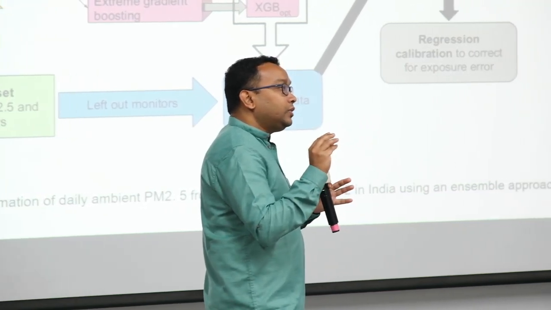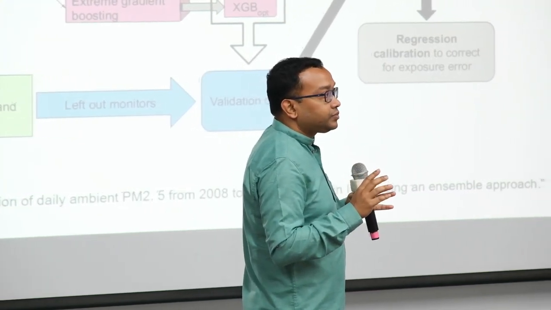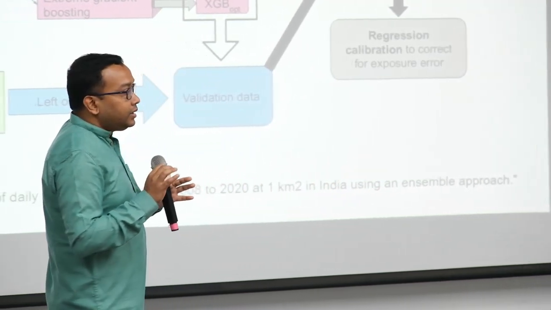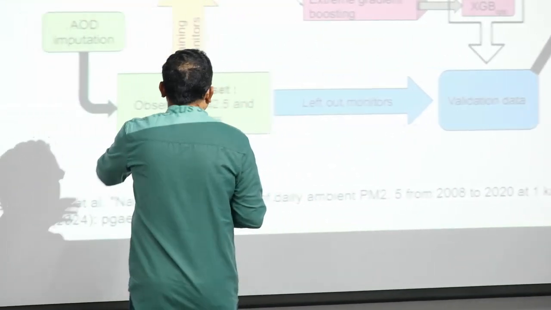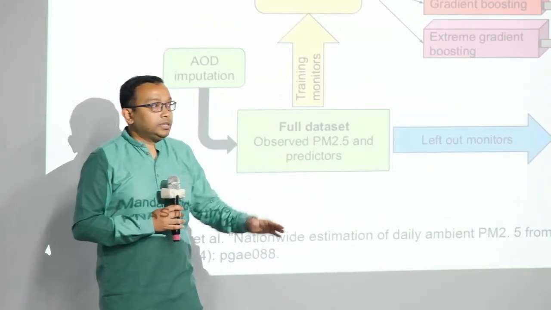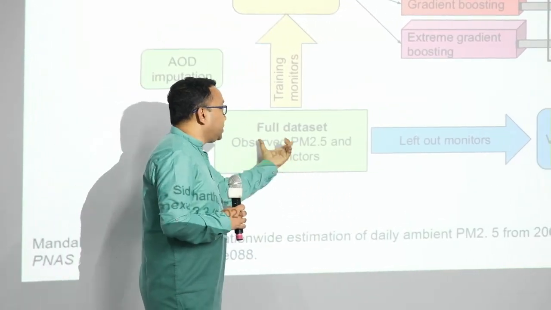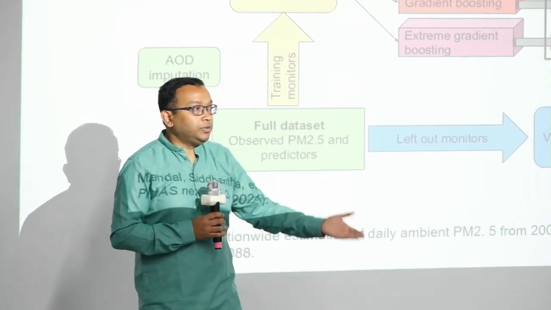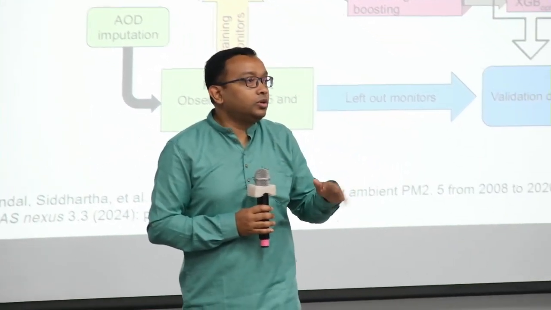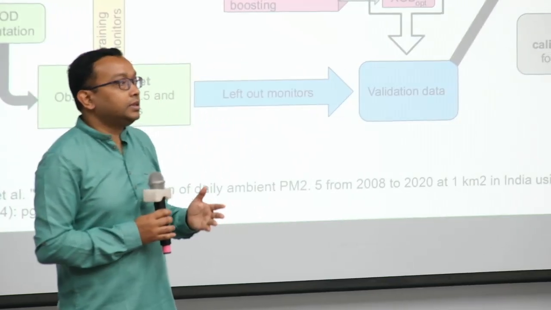Out of them, only 1000 grid cells have data, because that's where the monitoring stations are. So this full data set is basically that, observed PM2.5 and predictors. The rest of it, you have the predictors, but you don't have PM2.5, and that is why we are doing the model, to predict PM2.5 at places where you don't have PM2.5 observations.